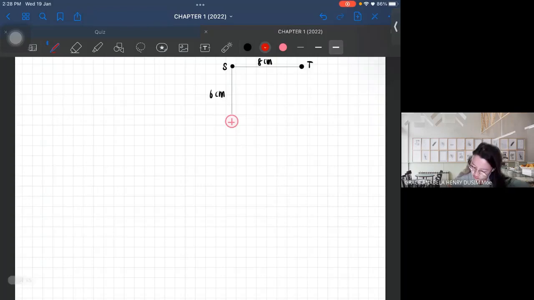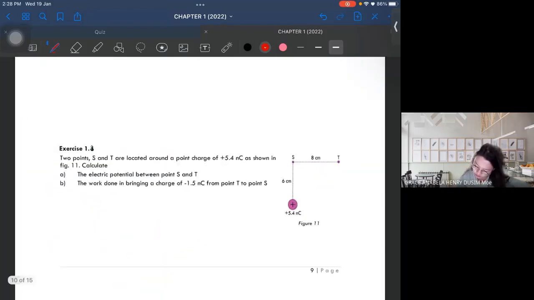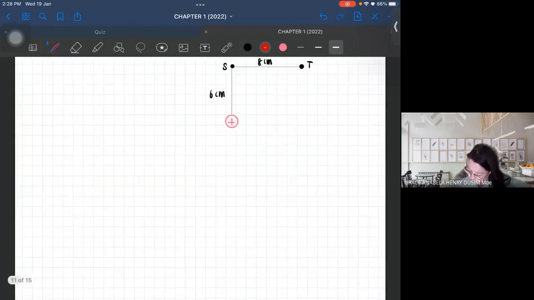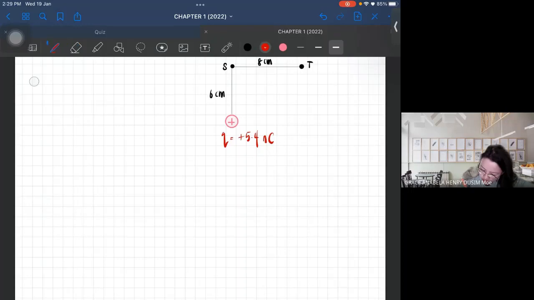And this charge here is positive 5.4 nanocoulomb. So it is asking us to calculate the electric potential between point S and point T. So that is Vs minus Vt.